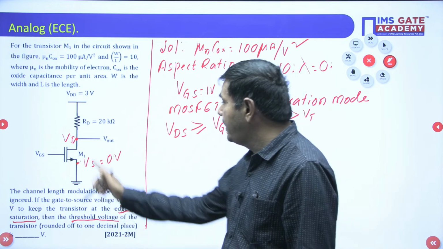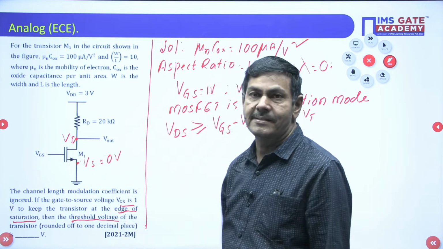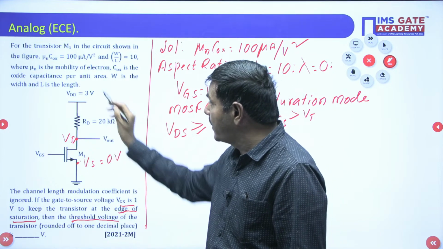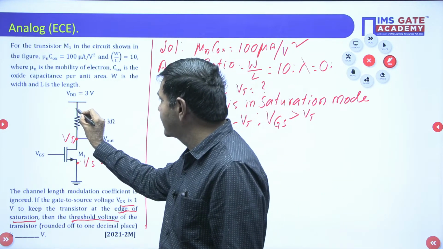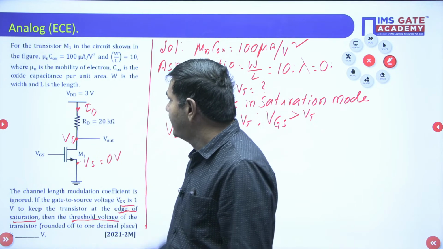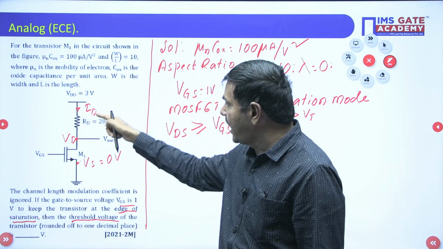But VD is not zero voltage. VD is the V out. VD equals supply voltage minus the drop due to the current flowing here, that is the drain current. VD is VDD minus ID into RD.